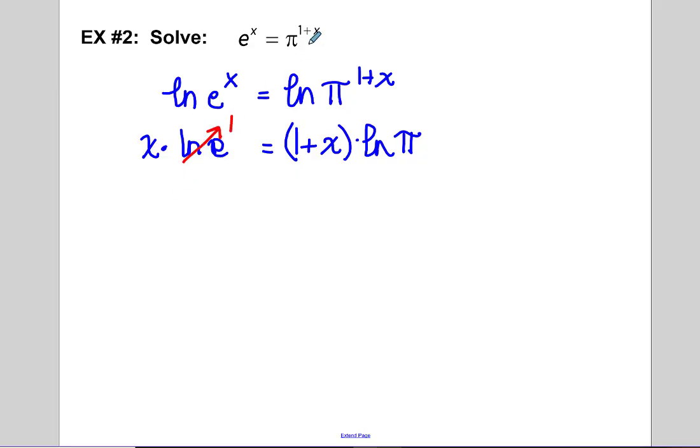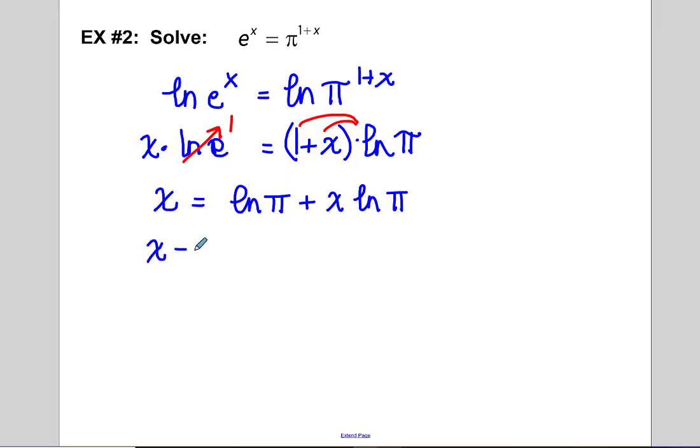The natural log of e is 1, so on the left side of our equation, we're just left with x. And then applying the distributive property twice here, we've got 1 times natural log of pi plus x times natural log of pi. And our job is to get the x terms together.